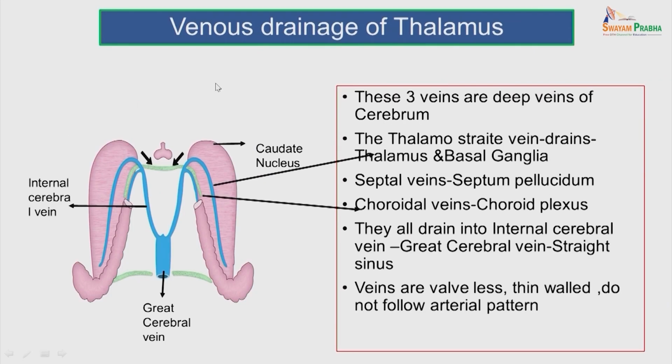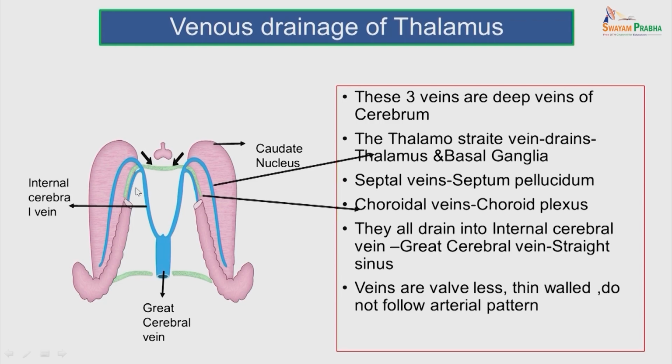The venous drainage of the thalamus, like all venous drainage, finally drains into the intracranial venous sinuses. It has 3 sets of deep veins: the thalamostriate vein draining the thalamus and the basal ganglia, the septal veins draining the septum pellucidum, and the choroidal veins draining the choroid plexus.